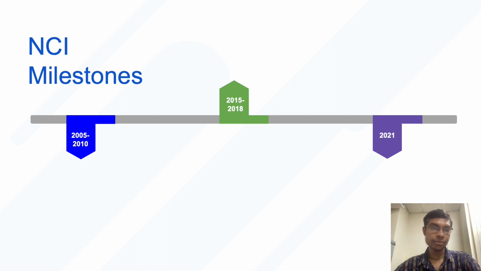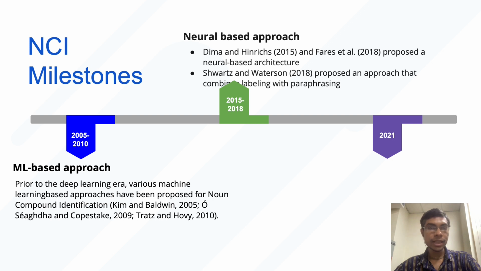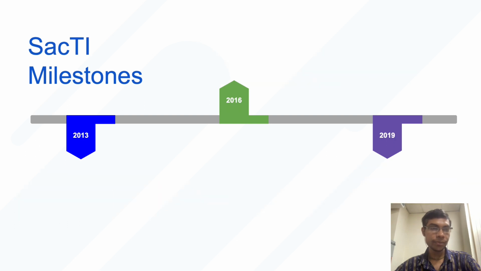interpretation in English. Earlier approaches, prior to the deep learning era, mostly focused on machine learning based approaches. And recently in 2015, neural based approaches were proposed, where the components of the compound with their features are passed to a neural classifier. A recent approach is the FrameNet based classification approach.